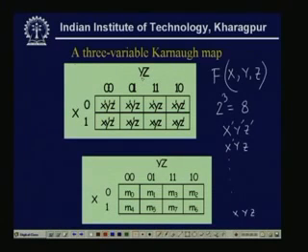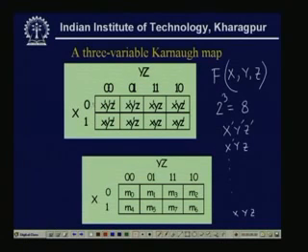For 2 variables, 2 square means 4 possible combinations that y, z can take. y, z can be 0, 0; y can be 0, z can be 1, so this is 0, 1; y can be 1, z can be 1, so 1, 1; and y can be 1, z can be 0. So, in this order 0 0, 0 1, 1 1, 1 0, this is the convention we normally take, and this is 0, 1.